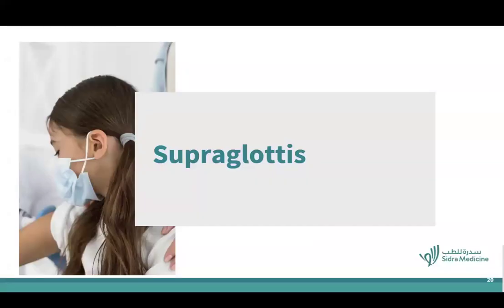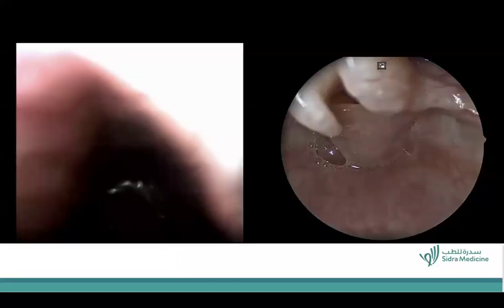Okay, now we'll start with the supraglottis, then move to the glottis, and then the subglottic area as well. I've picked the most common pathologies for each of those areas for us to go through. For the supraglottic area specifically, I was going to play these videos, and maybe somebody can volunteer what diagnosis they see.